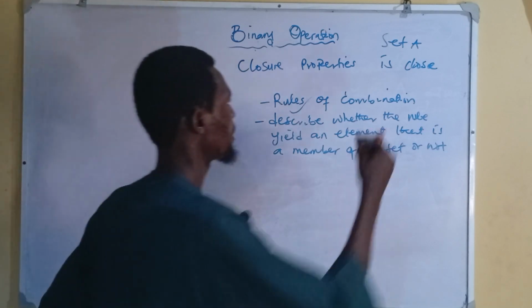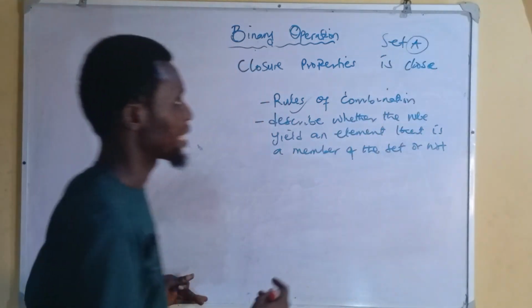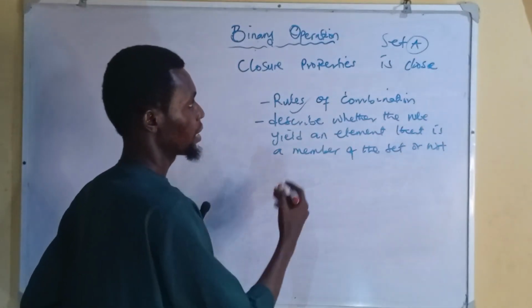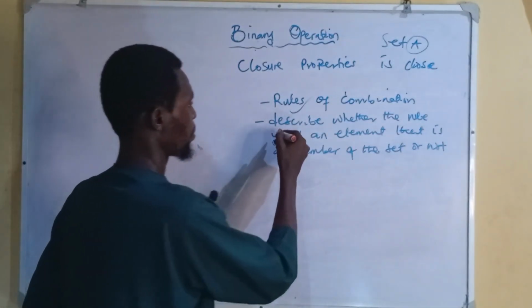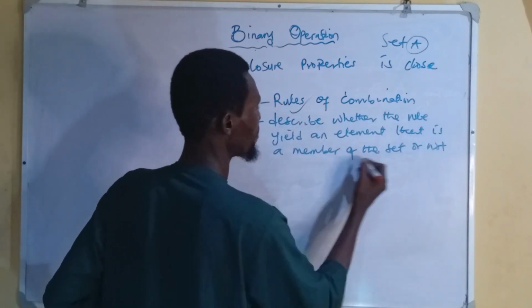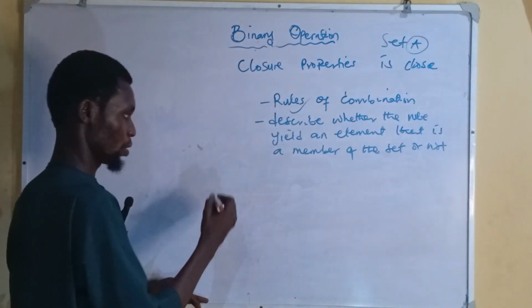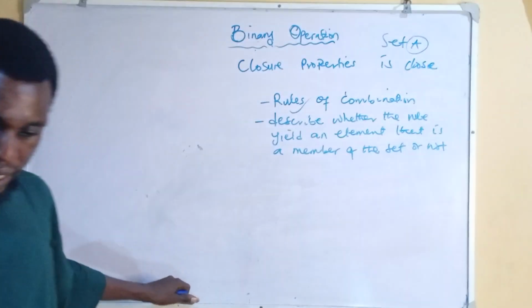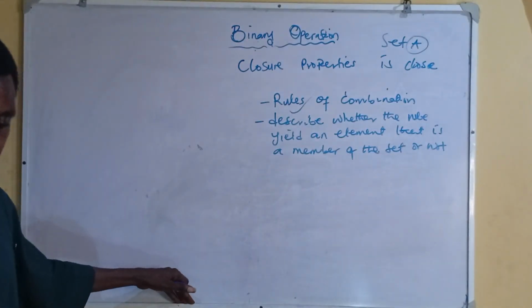When do we describe the set as a closed set under that rule? We say that the set is closed when the rules yield an element that is a member of the set.